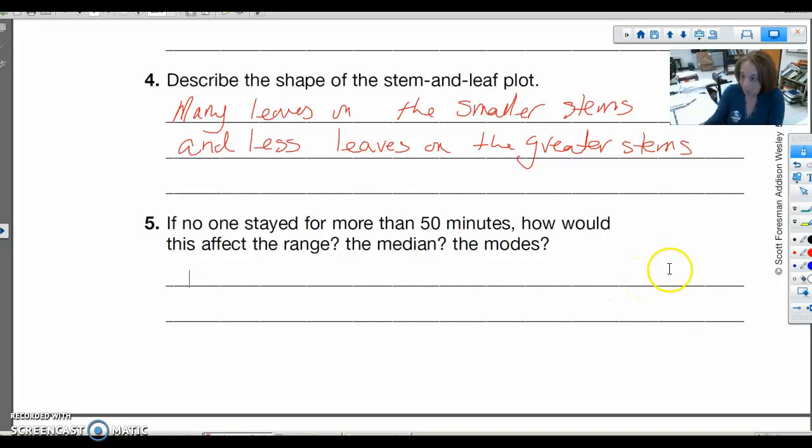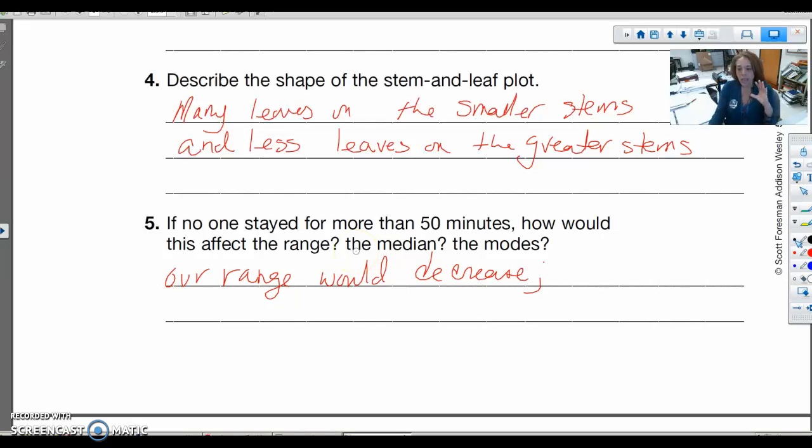So if no one stayed more than 50 minutes, then our range would be less. So our range would decrease. And our median, our middle number, we honestly don't know, because it depends how many.